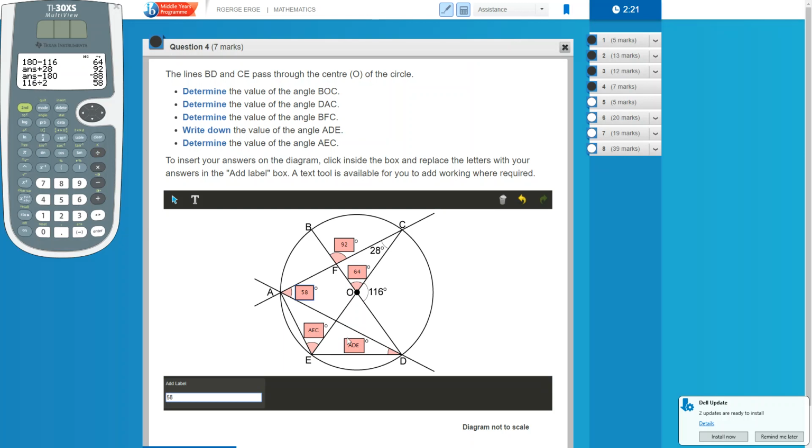Okay, what else? 2 left. Let's see. We've also got this shape.